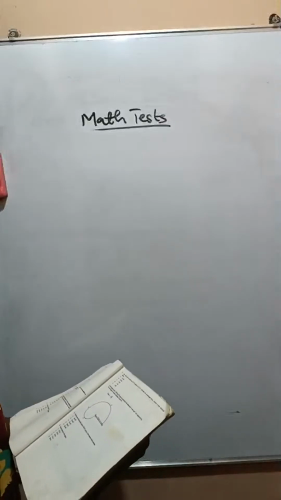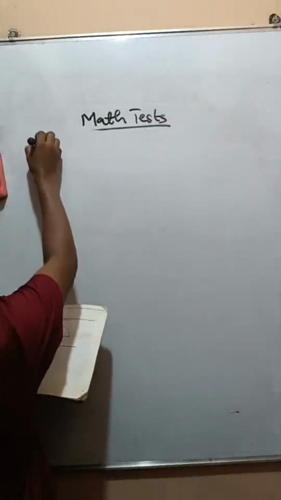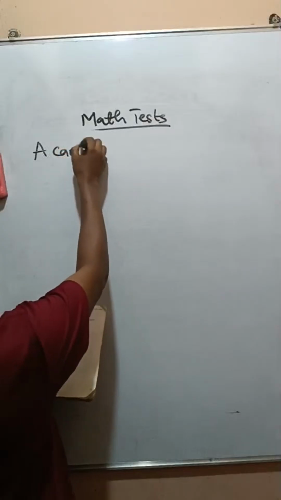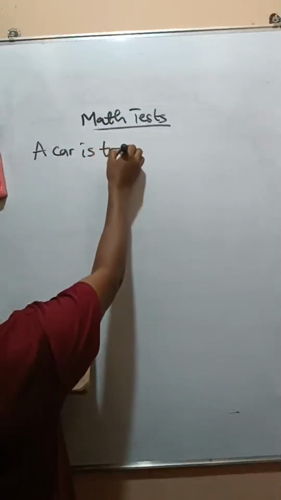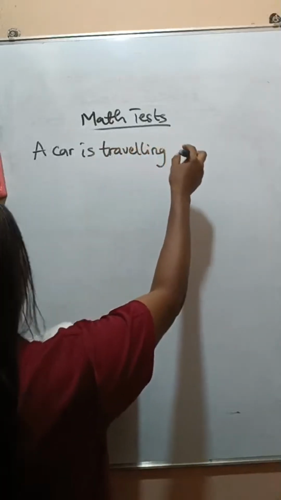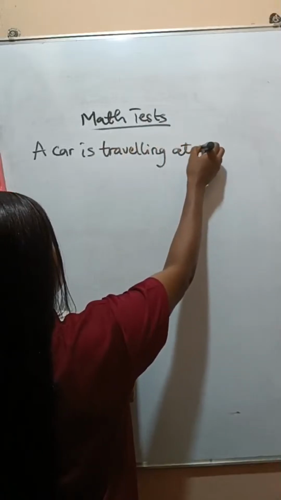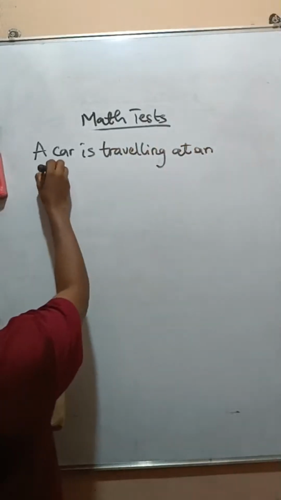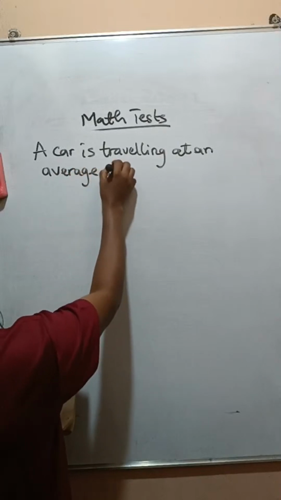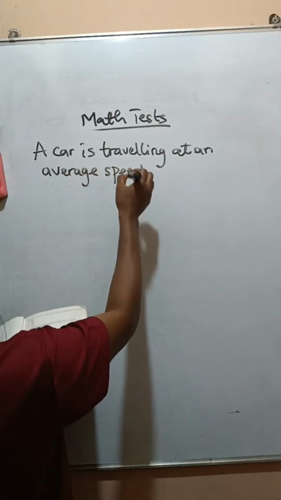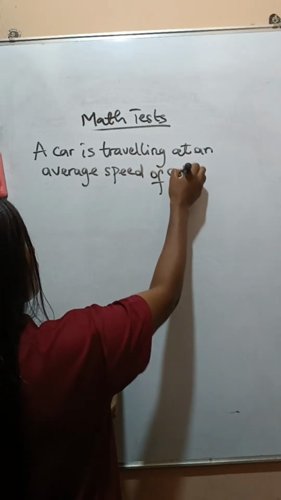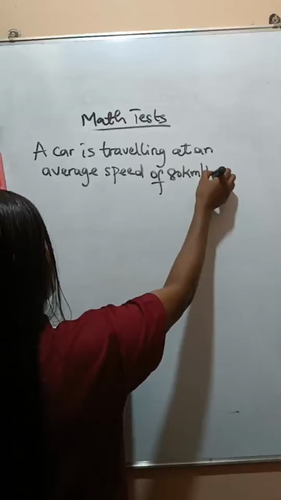So this one is saying a car is traveling at an average speed of 80 kilometers per hour.